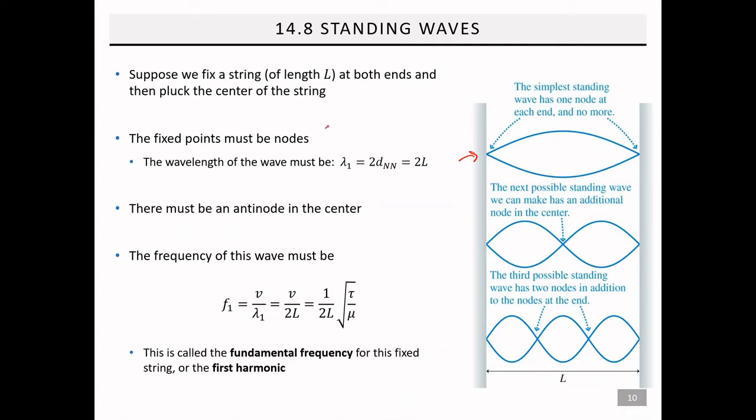The formula from the previous slide was d_NN is equal to 1/2 times the wavelength. We can solve for lambda there to get lambda is equal to 2 times d_NN. And we're actually going to label this as lambda 1 because it has one antinode in the center. This distance must be 2L.